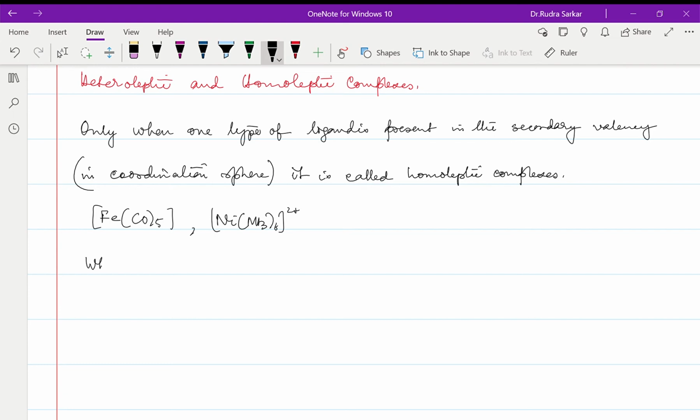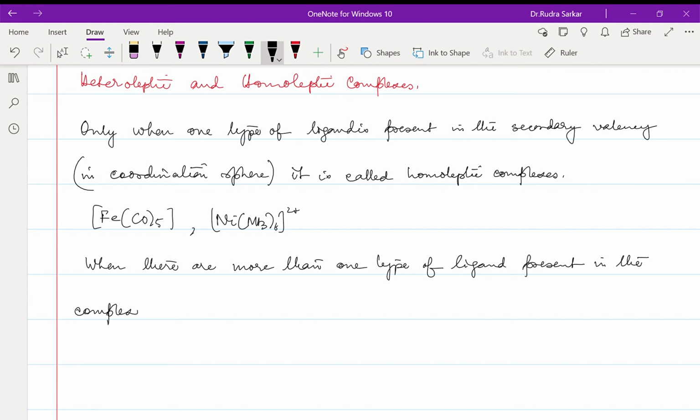Now when there is more than one type of ligand present in the complex, these are called heteroleptic complexes.